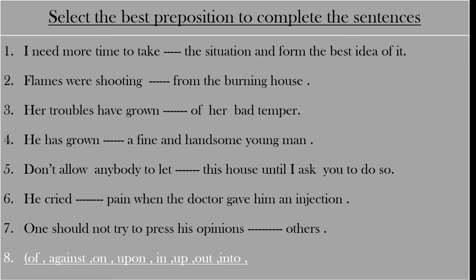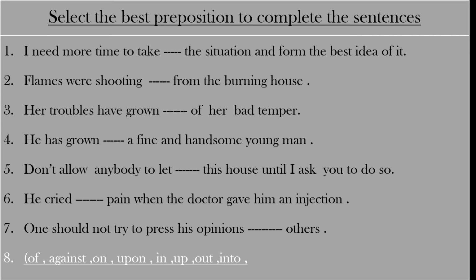Flames were shooting up from the burning house. Flames were shooting up. Remember, even a fish can shoot up from water, but a snake will skim on the surface of water, skimming. A fish shooting up, flames shooting up from the burning house, shooting up. It is not a situation where we are shooting guns.